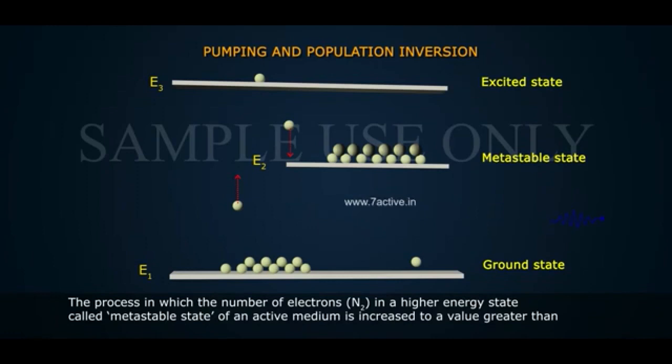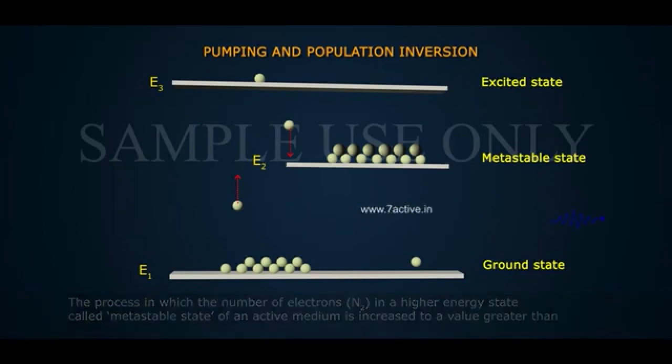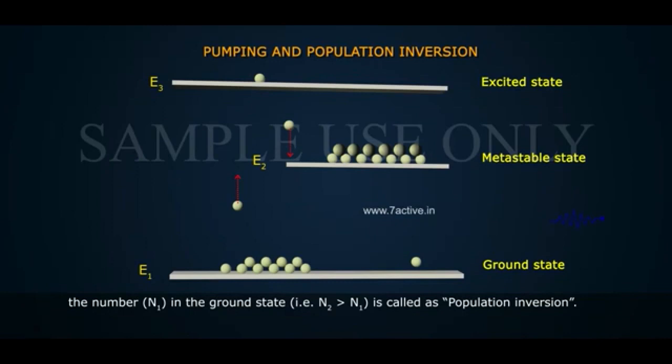The process in which the number of electrons N2 in a higher energy state called the metastable state of an active medium is increased to a value greater than the number N1 in the ground state, that is, N2 greater than N1, is called population inversion.